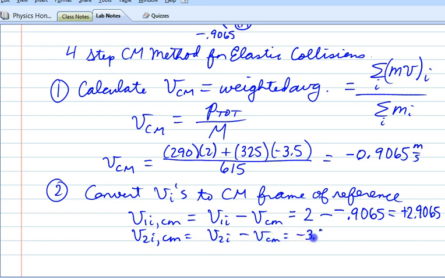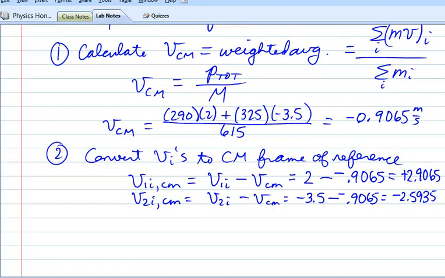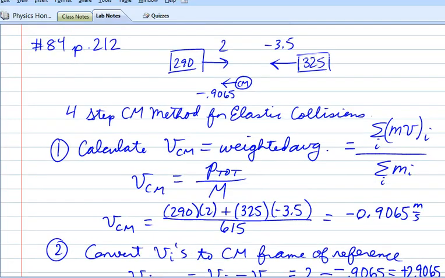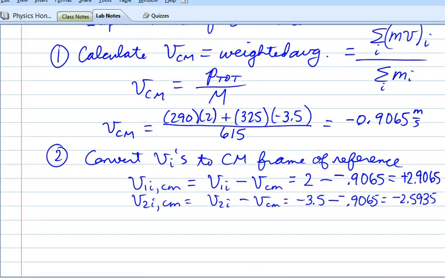So it's negative 3.5 minus a negative 0.9065. And so as far as the center of mass is concerned, Jill is moving to the left, but not as much as we would think she's moving. In other words, since she's moving to the left and so is the center of mass, it thinks she's moving slower.